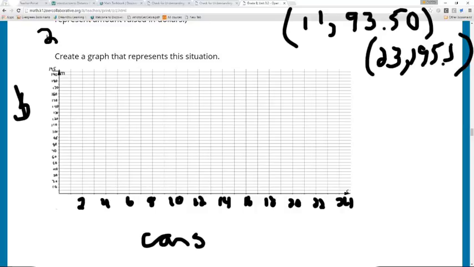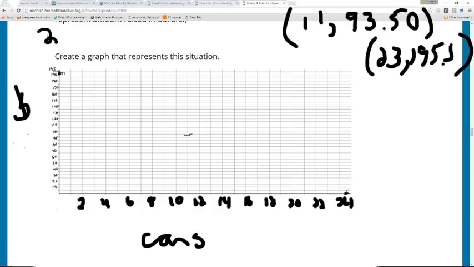Alright, so now I'm going to plot those 2 points, 11 and 93.50. So 11, yikes, 93.50, 70, 80, 90. It's going to be about right there.